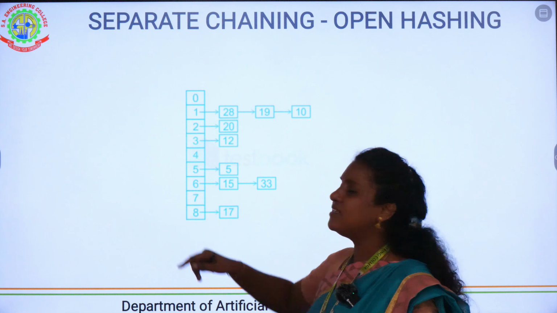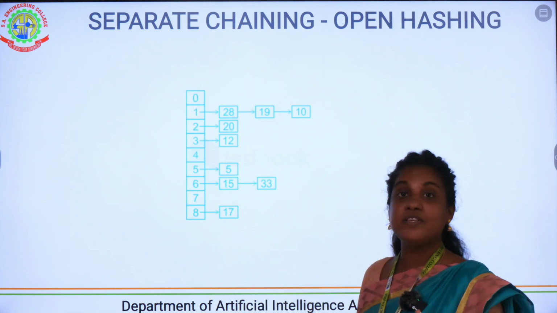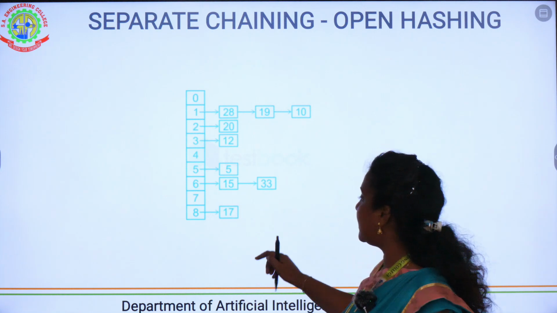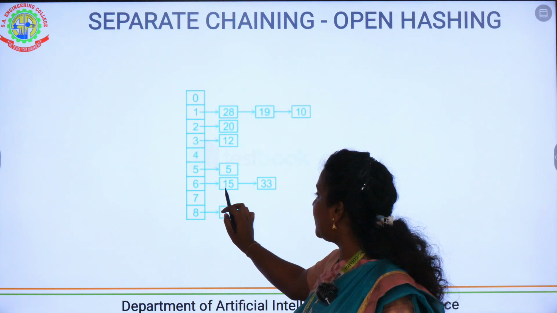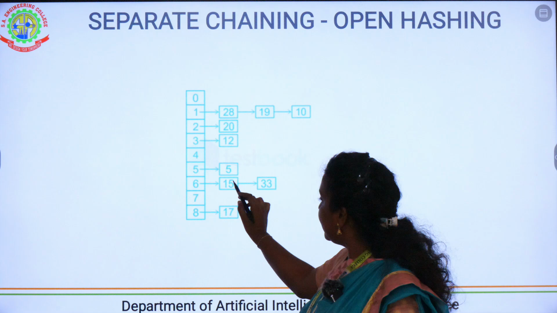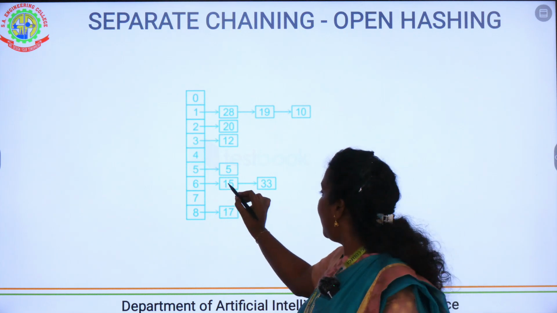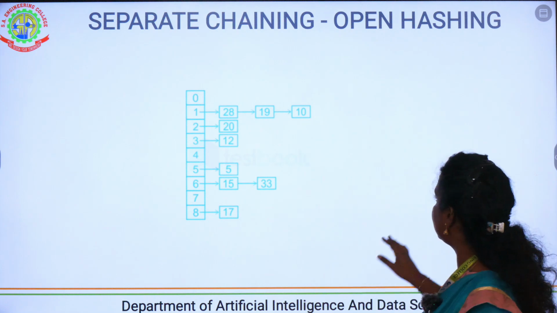If you take 3, it has only 1 element, 12. If you take 6, it has 2 elements, 15 and 33. So in this slot I have the address of the 15 where it resides, and in 15 I have the address of the 33 where it actually resides.